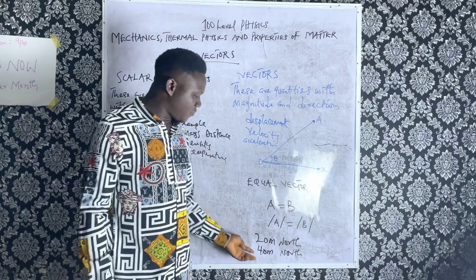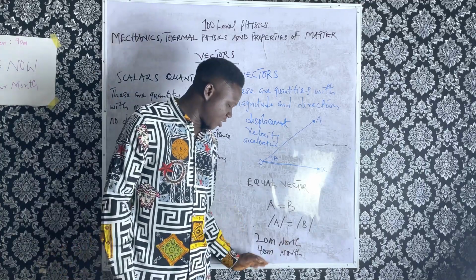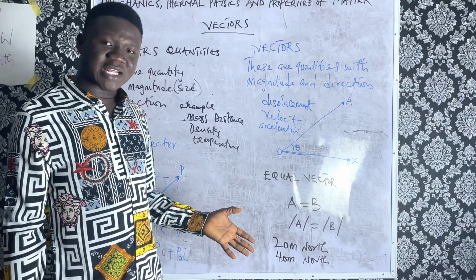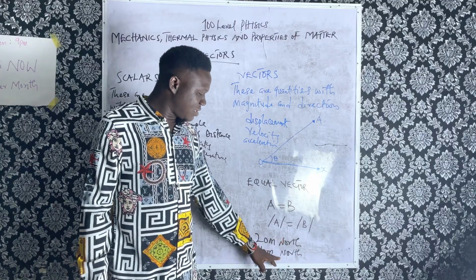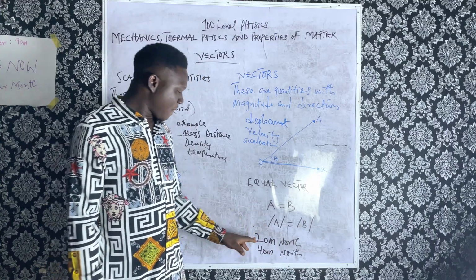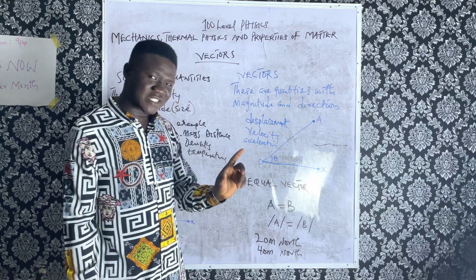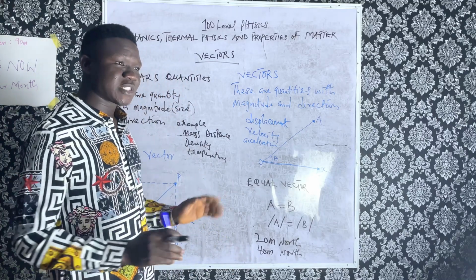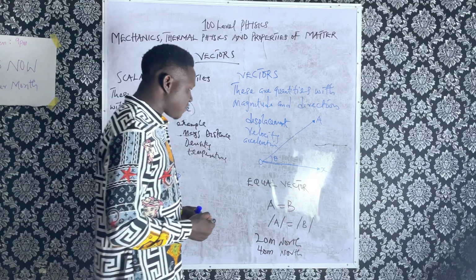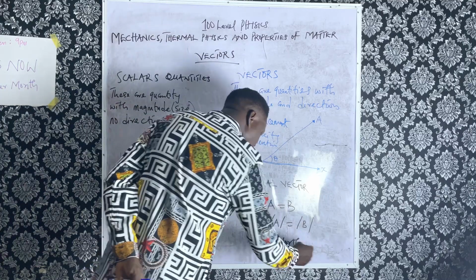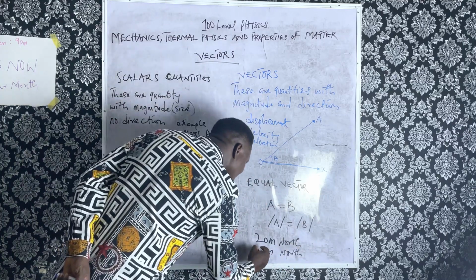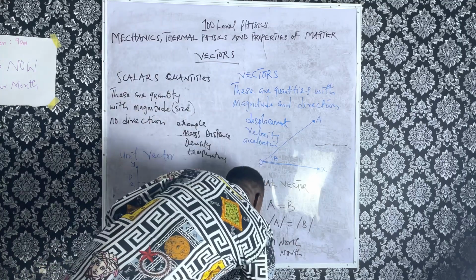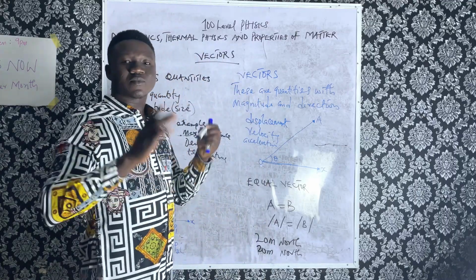Both directions are the same, but the quantities are different. Can we say they are equal? No, not correct. But if both are moving northward, and here is also 20 meters, then we can say they are equal.